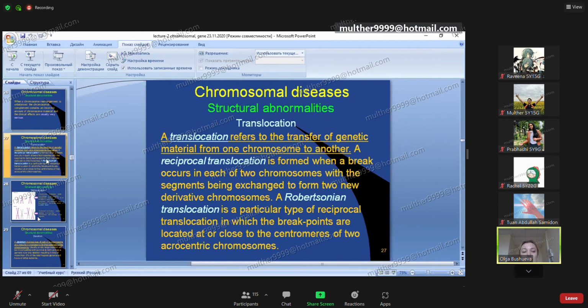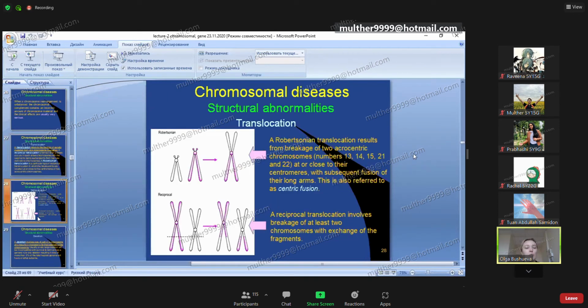A Robertsonian translocation is a particular type of reciprocal translocation in which the breakpoints are located at or close to the centromeres of 2 acrocentric chromosomes. On this slide, you can see the mechanisms of Robertsonian and reciprocal translocation formation.